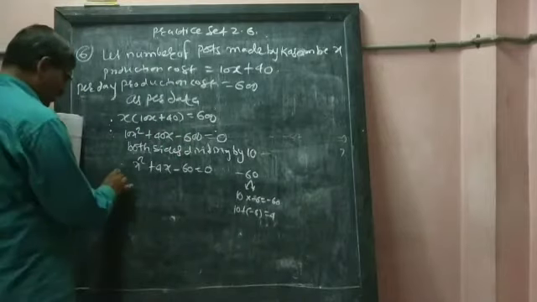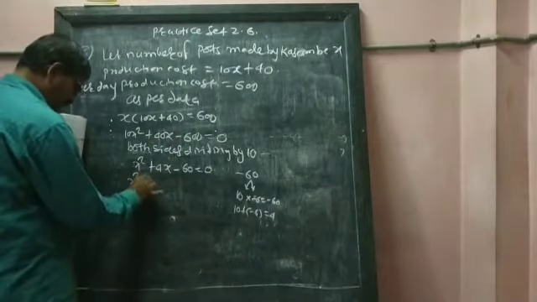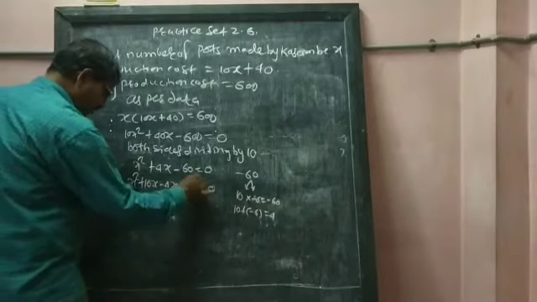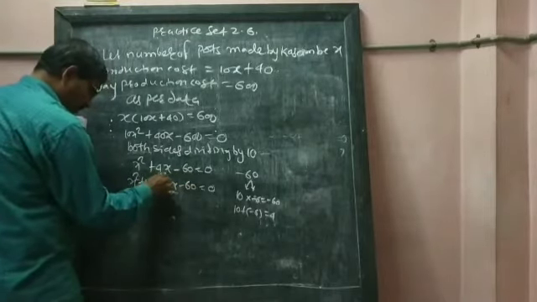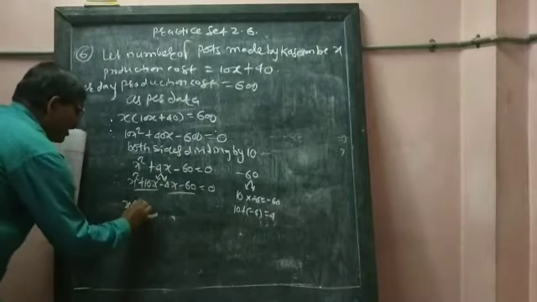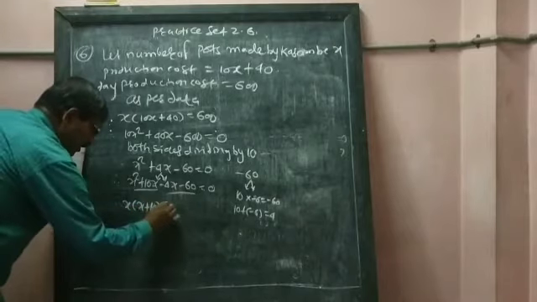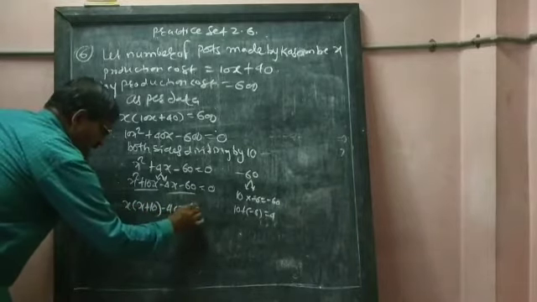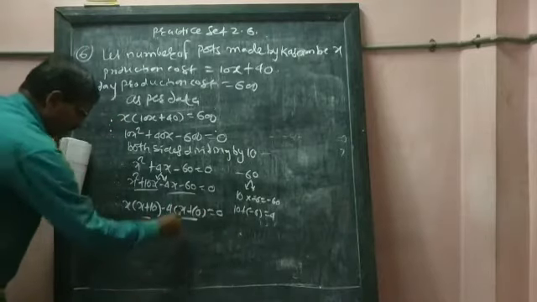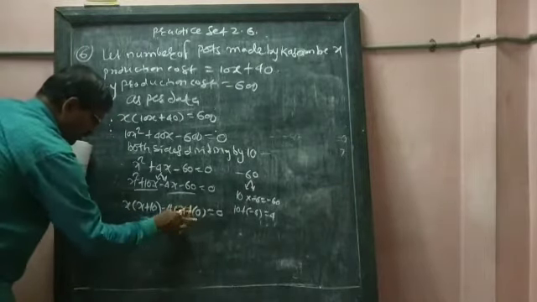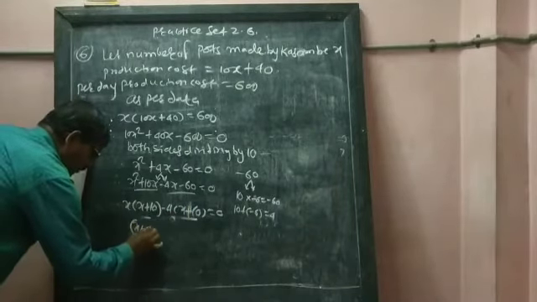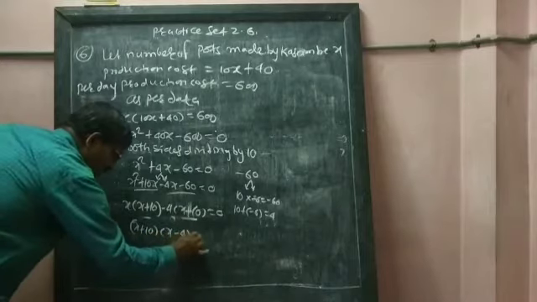Therefore x square + 10x - 4x - 60 = 0. Then x is taken common: x(x + 10), and from this minus 4 taken out. Sorry, here it should be plus, because what number comes in the first term should come in the second one also. Then (x + 10)(x - 4) = 0.